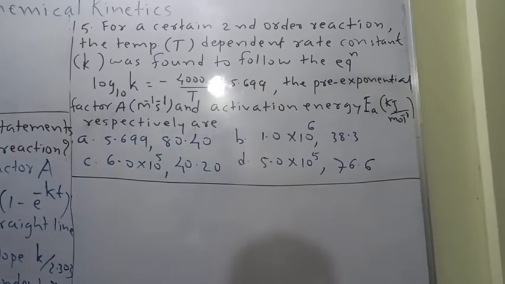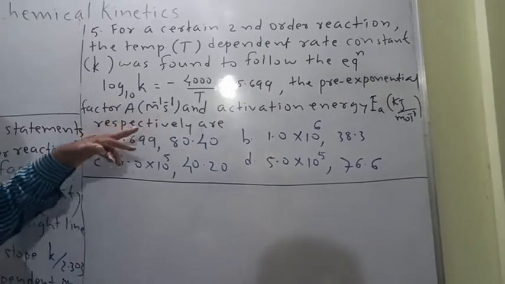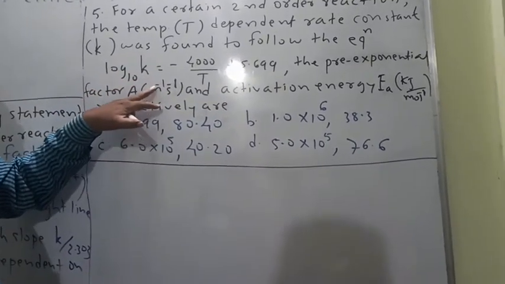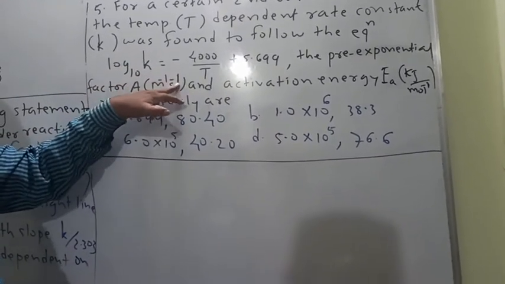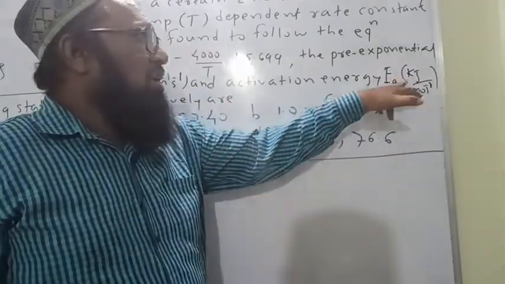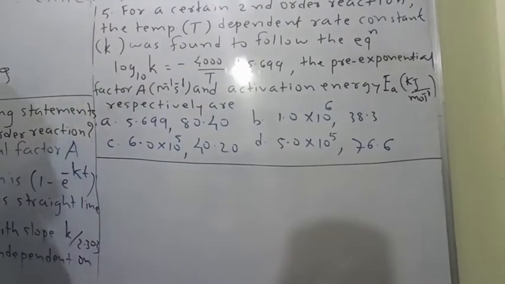The pre-exponential factor A, just as I mentioned for the unit of rate constant for a second order reaction, is molar raised to minus 1, second raised to minus 1. Unit of A and k are the same. And activation energy Ea in kilojoule per mole respectively.